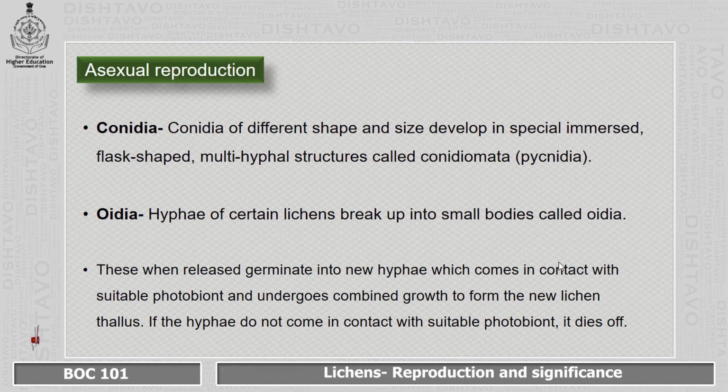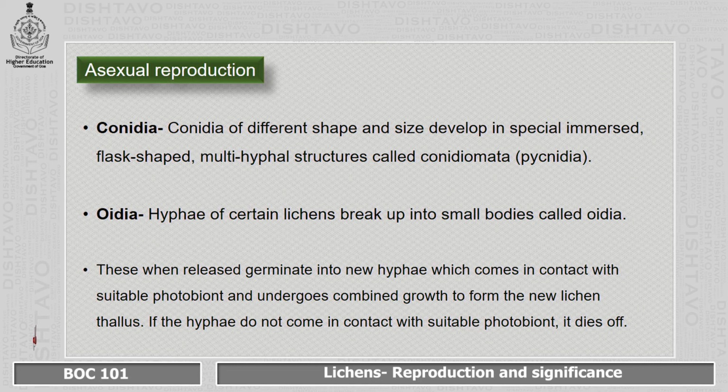Now, let us look at the asexual mode of reproduction. First is through formation of conidia. Conidia of different shape and size develop in special immersed flask shaped multihyphal structures called as conidiomata or pycnidia.